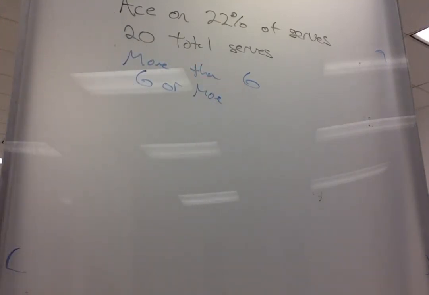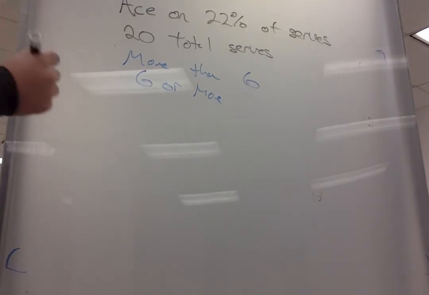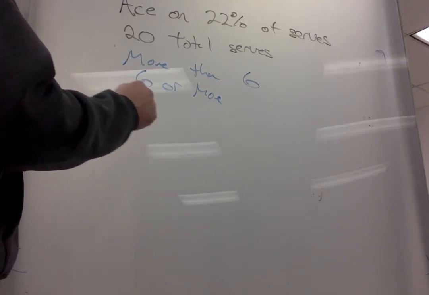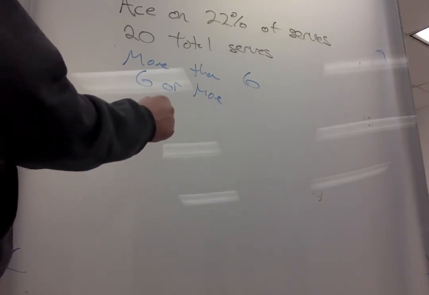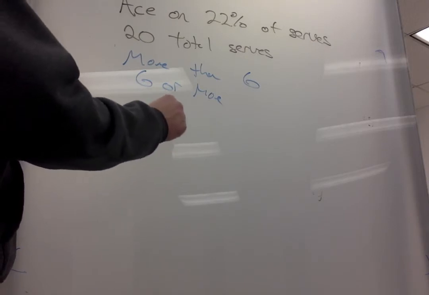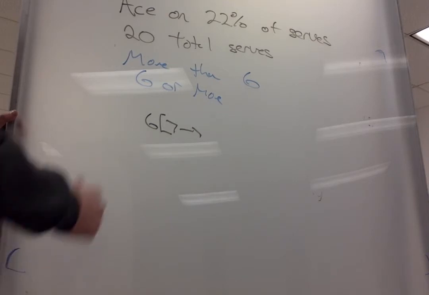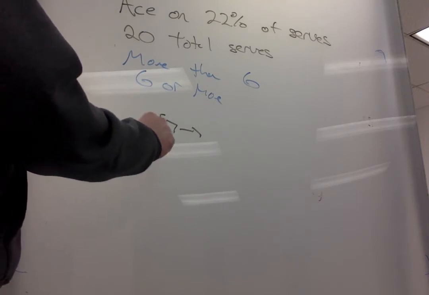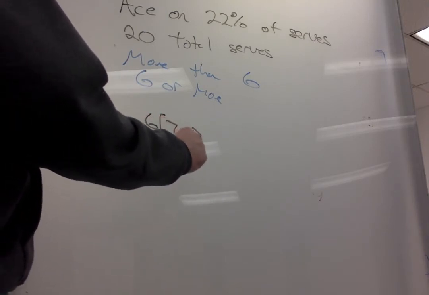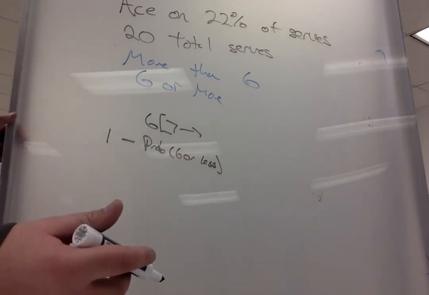So more than is going to be 1 minus the less than option. So let's look at this. Here's the number 6, right? Things that are more than 6 are 7 and up, not including 6. Right? So what we're going to do to get this is 1 minus the probability of being 6 or less. Why? Because that's what our calculator can do.